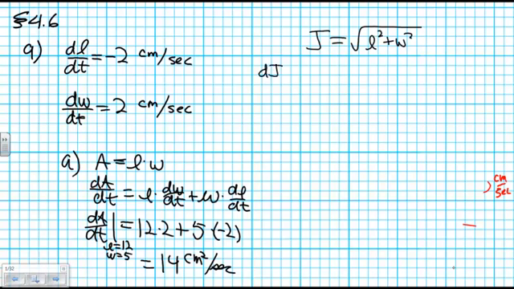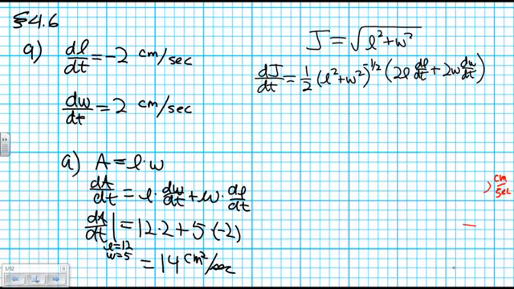Well, we're going to get dJ/dt. The derivative of this, well, we've got an inside function, outside function. I think it's going to be 1/2 (L squared plus W squared) to the negative 1/2, and then chain rule: 2L dL/dt plus 2W dW/dt.